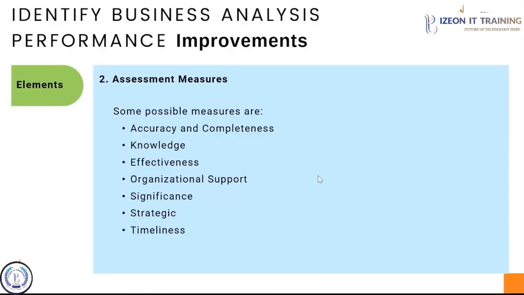If there is a problem or a bug, do the support teams immediately respond? All of these things are also important when you're conversing with your business stakeholders. Significance, strategic timelines, all of these things can also become parameters for measuring your performance. Not your performance, my bad, performance of the business analysis process.